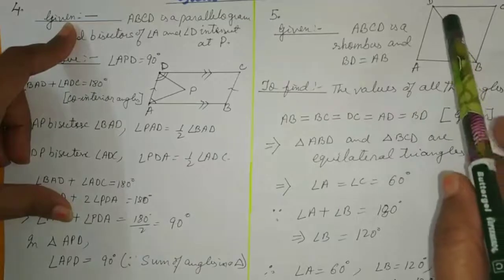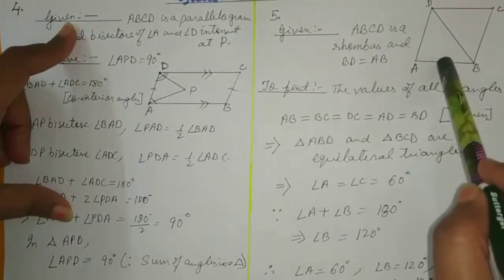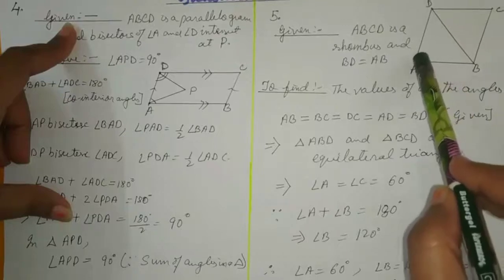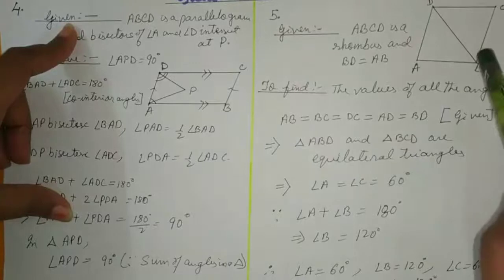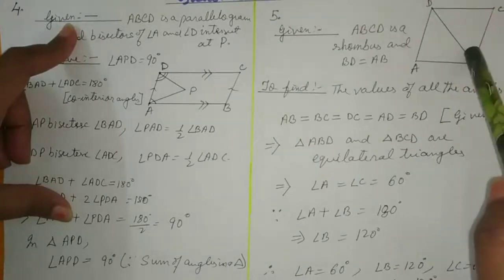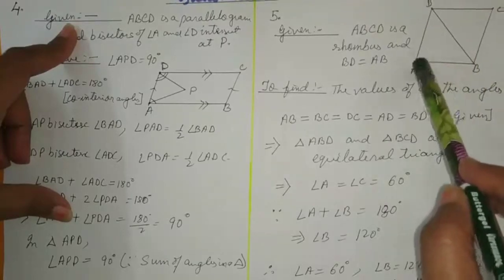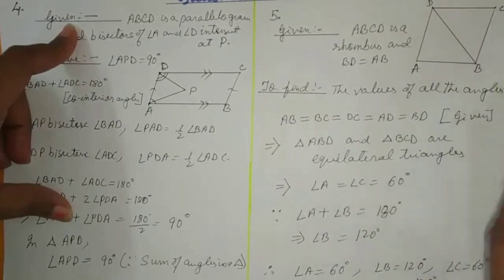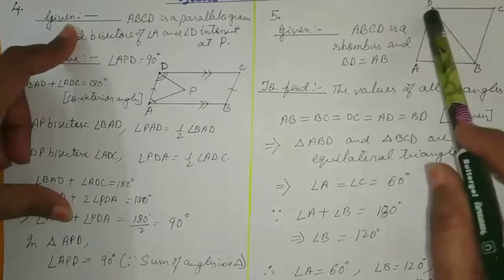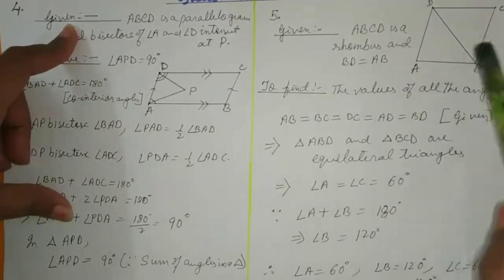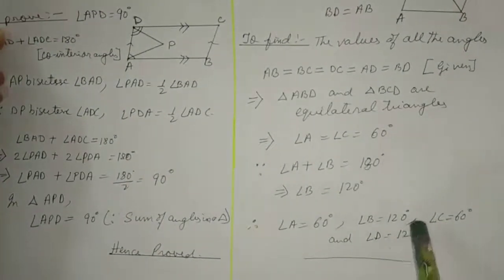So if we consider triangle ABD, all the sides are equal, so it is an equilateral triangle. So this is 60, this is 60, this is 60. Same here, triangle BDC is equilateral, so each one is equal to 60 degrees. So we know that A is equal to C, equal to 60 degrees. Angle B becomes 60 plus 60, 120. So B and D become 120 each. Another very simple question to begin with.